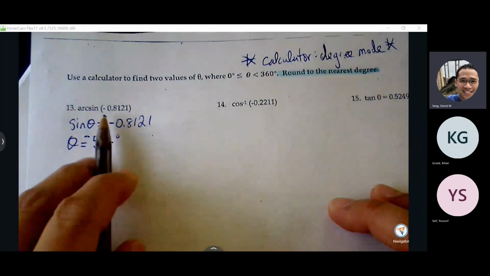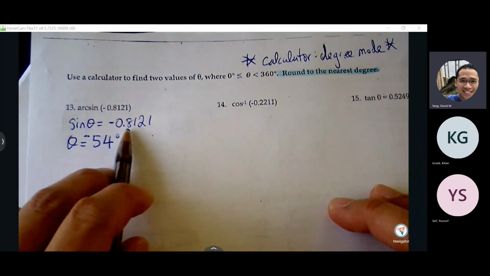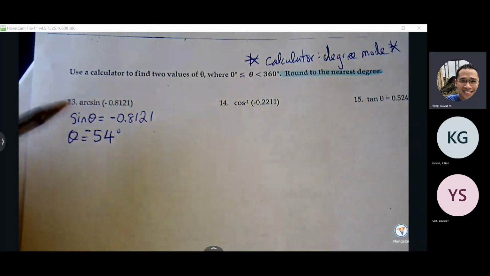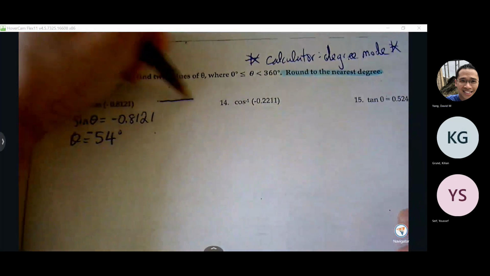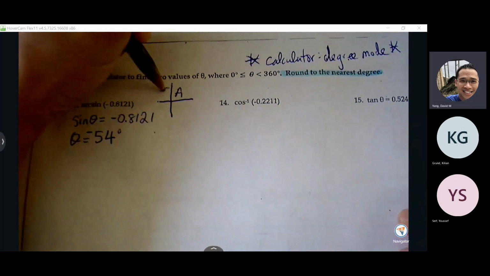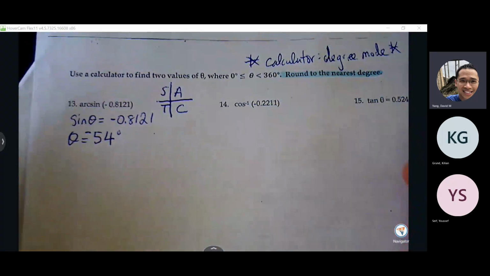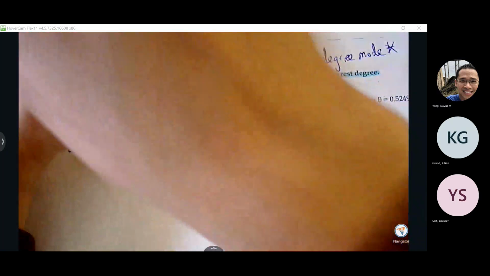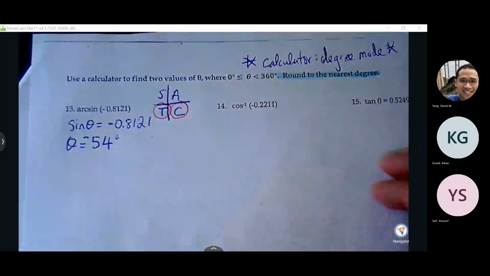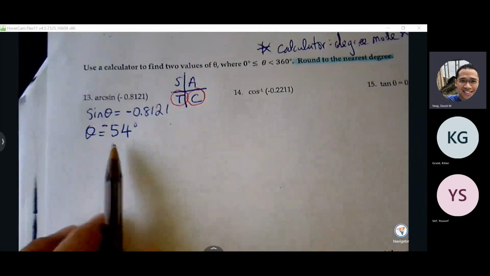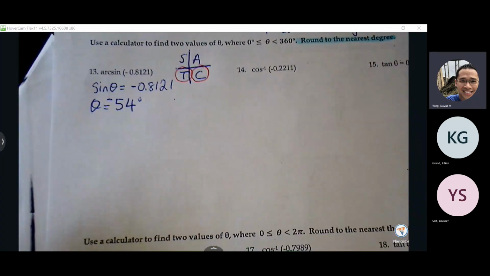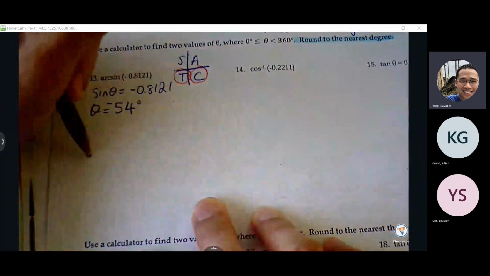But let's see here. We're talking about not principal values here. So we're looking for two quadrants where sine is going to be negative. Sine is going to be negative in the third and fourth. So we can just cover up that negative there and understand that 54 is really that reference angle that can help us find our third and fourth quadrant measure.